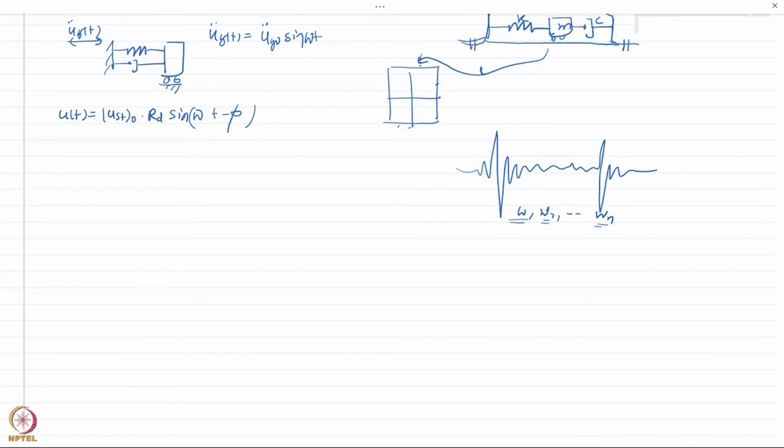Now, if you look at here, I want to devise an instrument which is giving a displacement history like this.